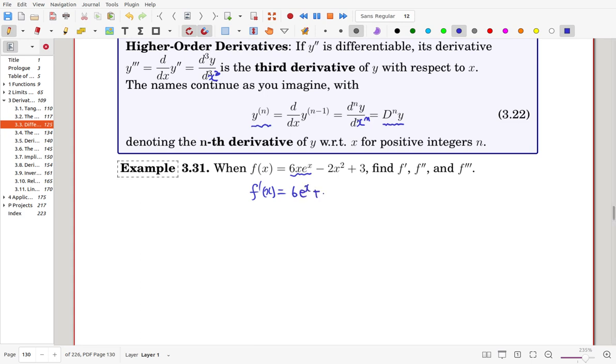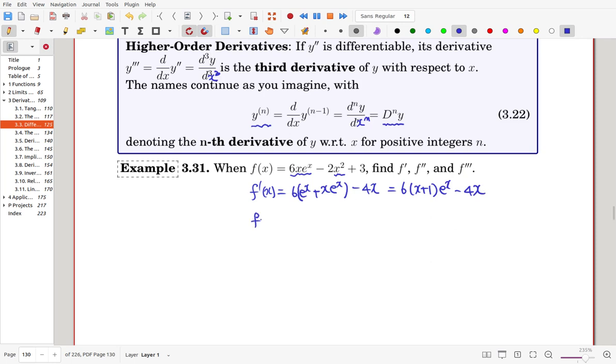Now plus, okay, let's do it in this way. And then here x times the e to the x derivative is the same as e to the x. Now the derivative of x squared is 2x, so that is 4x. So we can rewrite this in this way. Here 6 is there, and now x plus 1 e to the x minus 4x.